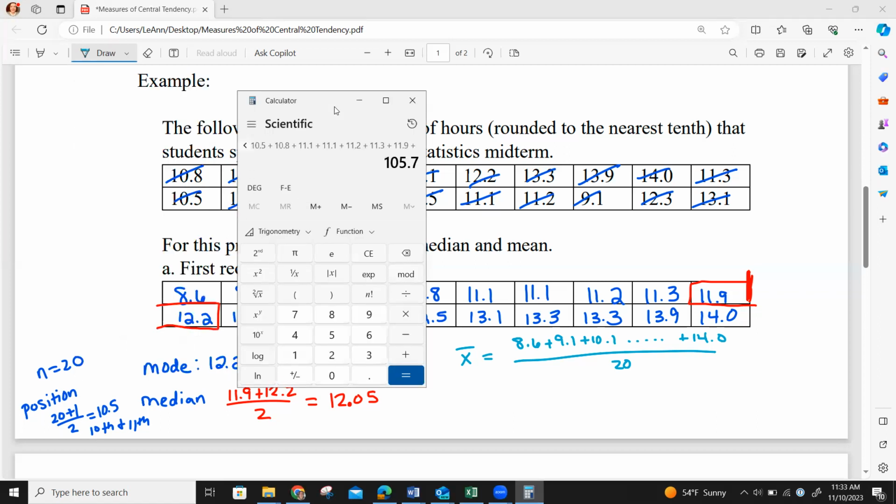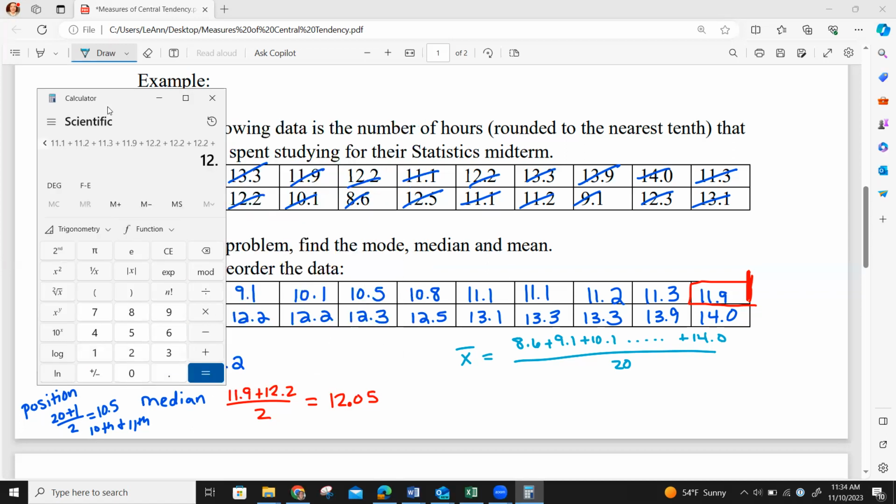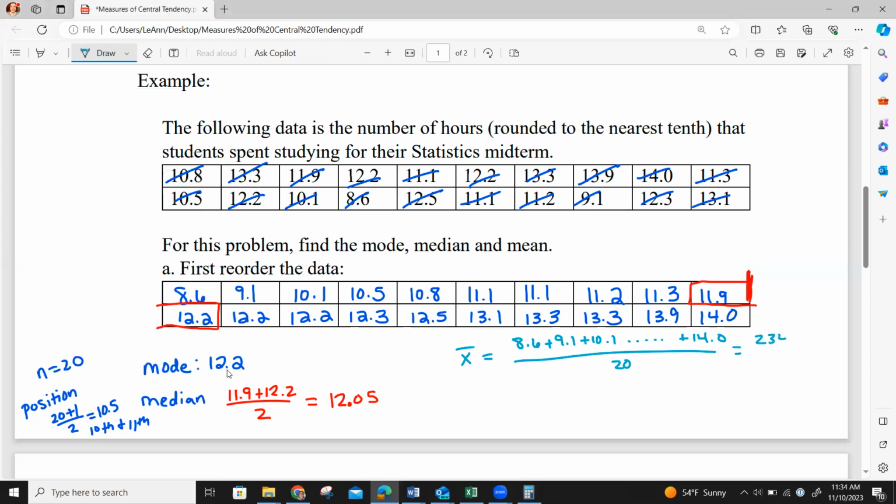Then we have 12.2 plus 12.2 plus 12.2. We had 3 of those. We have a 12.3. We have a 12.5. It's really easy to skip one if you're not paying attention. We have a 13.1. We had 2 13.3s. We have a 13.9 and a 14. Okay, so that's my total on top. That's 234.7. We're dividing that by the 20.